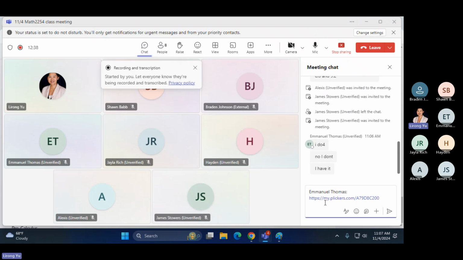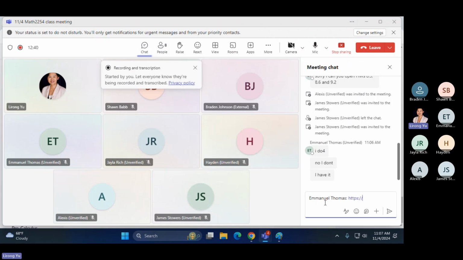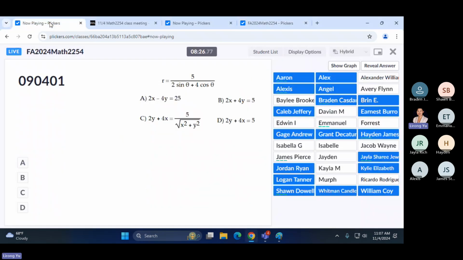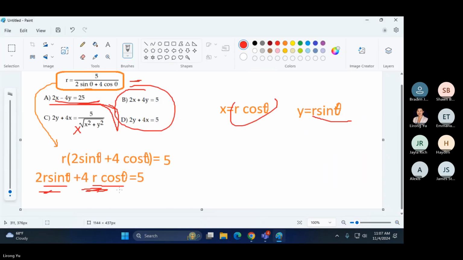Oh, you have it. Okay. You should be able to click on the answer. The answer is right. So we substitute r times cosine for x.